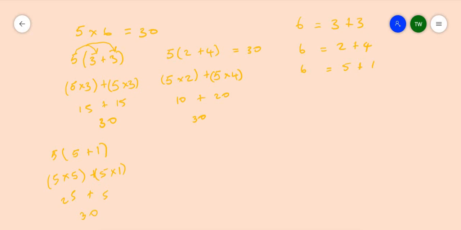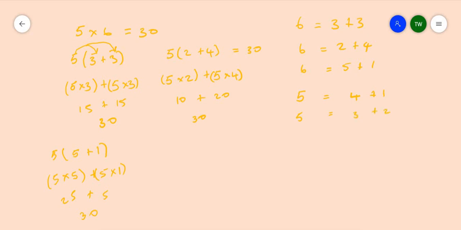Now, let's even think about it. What about if we rewrite 5 as a sum of two numbers? We could say that 5 is the same thing as 4 plus 1. And we could also say that 5 is the same thing as 3 plus 2.